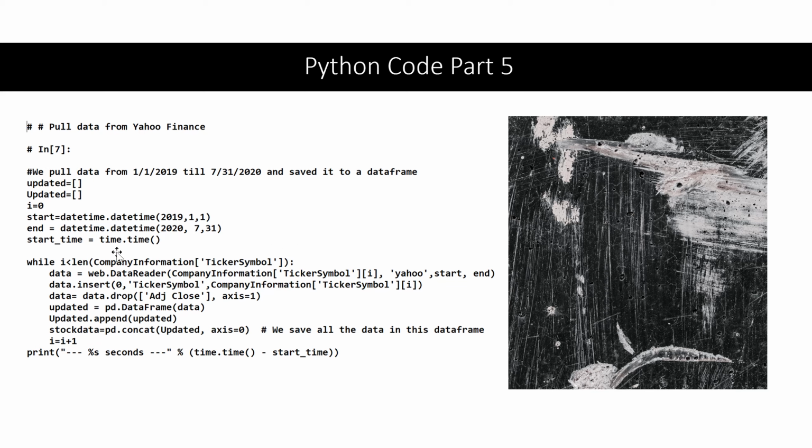Then I have a start time, and it grabs the time here, really because I want to see how long it takes to execute. So here I'm going to cycle through until I don't have any ticker symbols left, and I'm going to get data using the web reader method. Then I'm going to make sure that I get the ticker symbol company information.